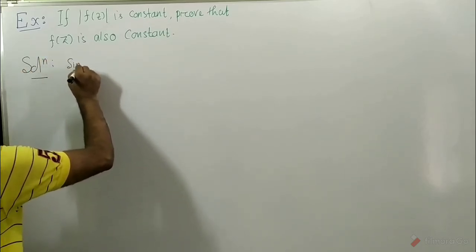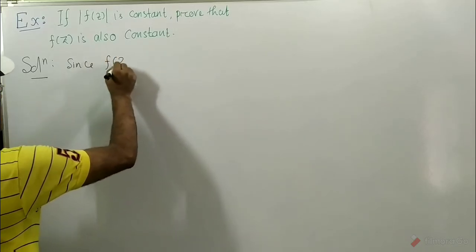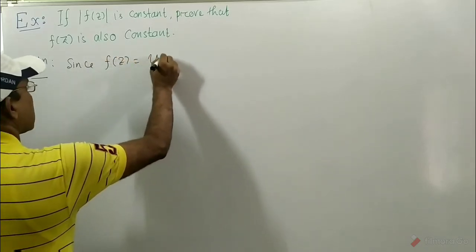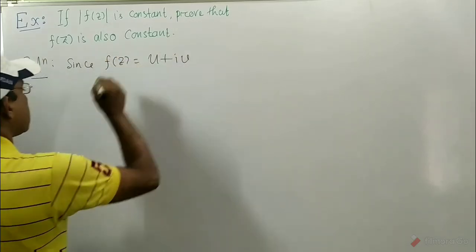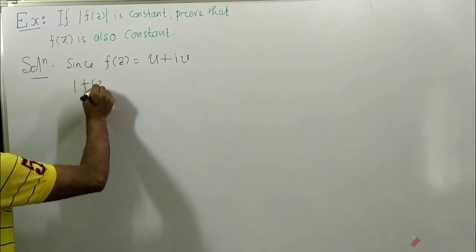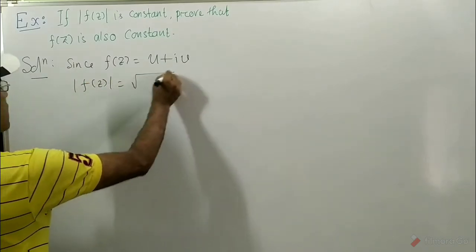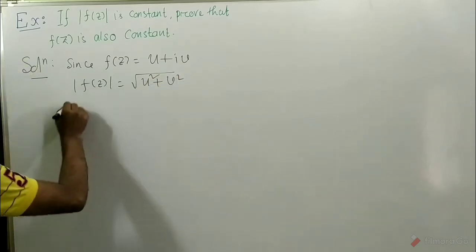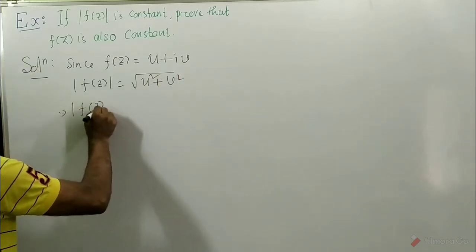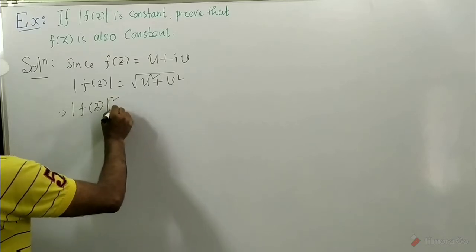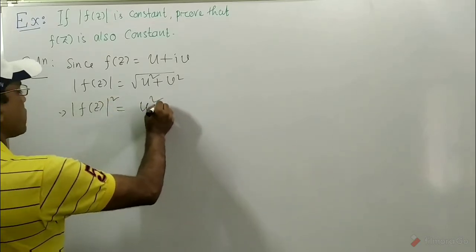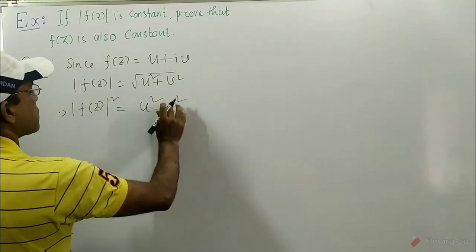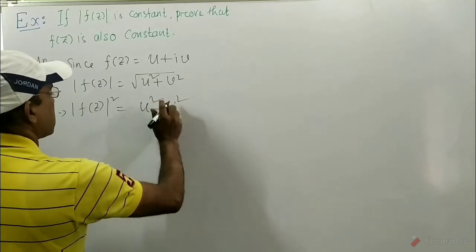Since f(z) equal to u plus iv, we know this. Mod f(z) equal to root over u square plus v square. Mod f(z) whole square equal to u square plus v square.